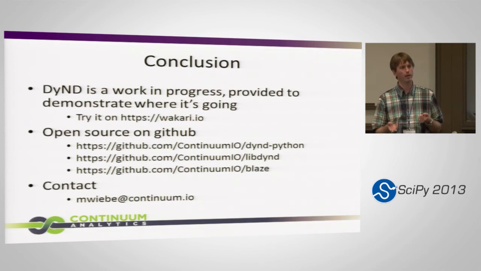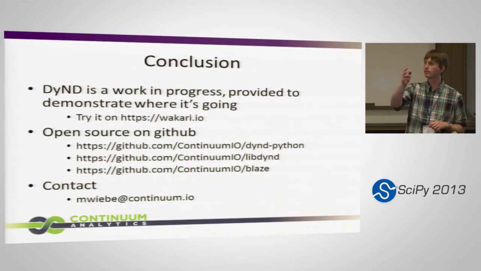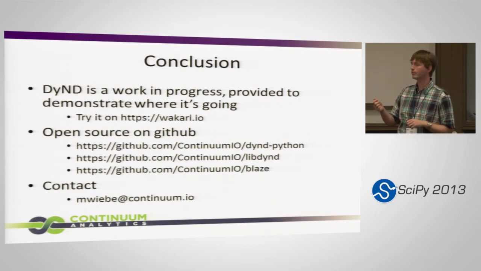I've got a simple datetime in DyND. I think it would be easier to change and iterate through several versions of datetime in DyND to see what works. And maybe once something looks good, we could port that into NumPy. I could see some kind of dynamic like that. But, yeah.